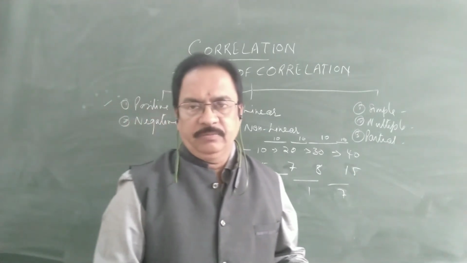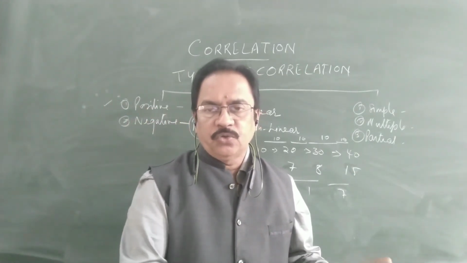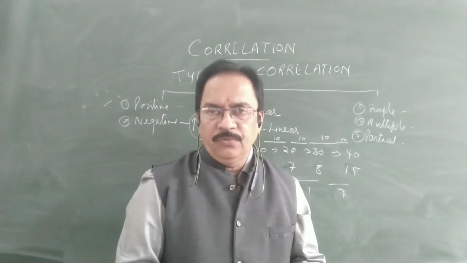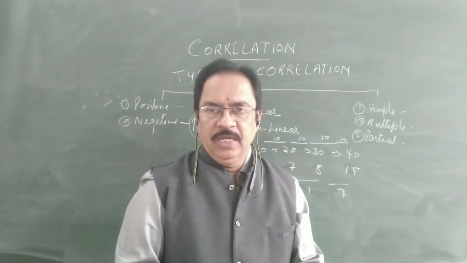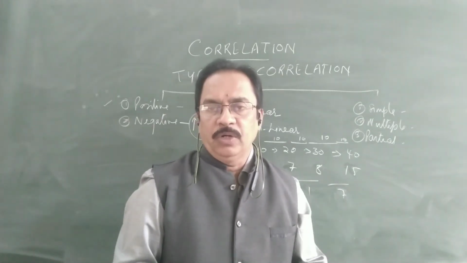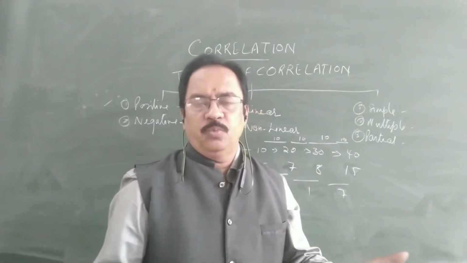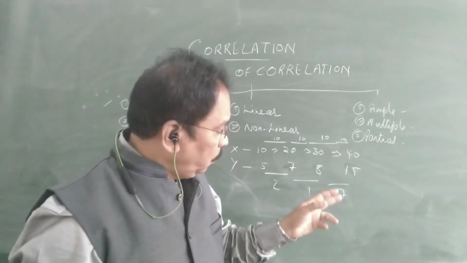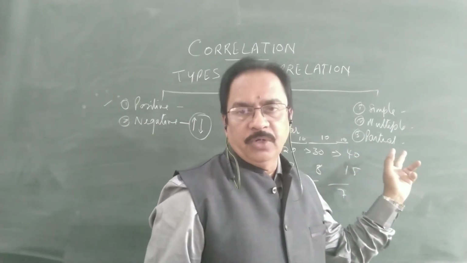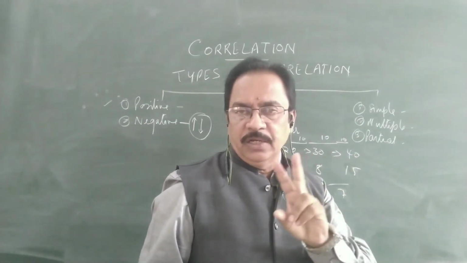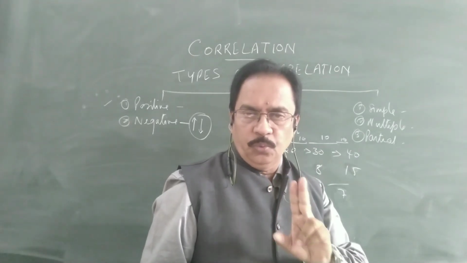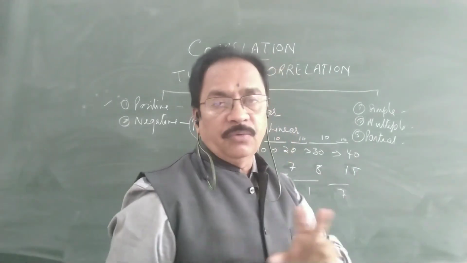Like production of wheat is not only influenced by the quality of the seed, it also depends upon the quantity of rainfall and the type of fertilizers you are using. There are so many factors. So in partial correlation, we study the relationship between only two variables, keeping the other variables constant.